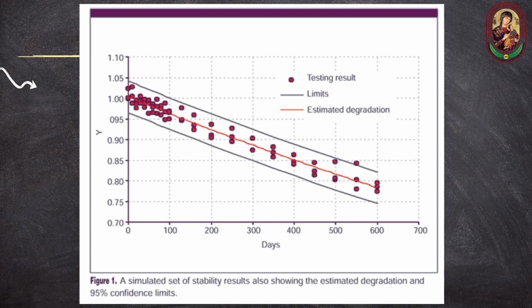So in essence, this graph translates laboratory data into real-world assurance, showing how long the drug remains stable, potent, and safe for patients. That's why in pharmaceutical quality assurance, we don't guess expiration dates. We calculate them based on science, statistics, and stability data.